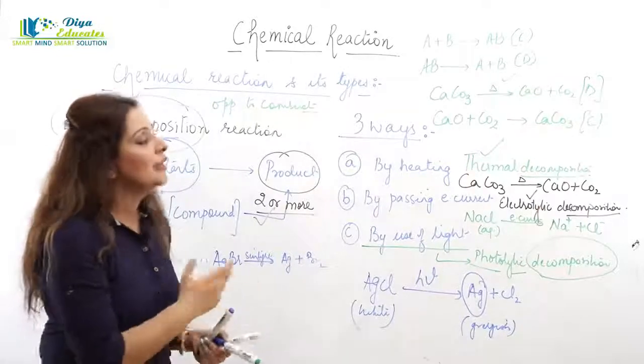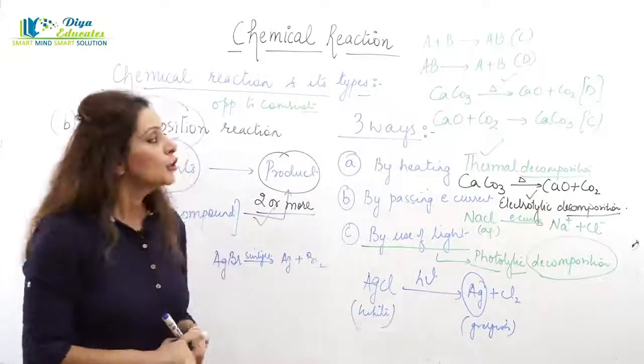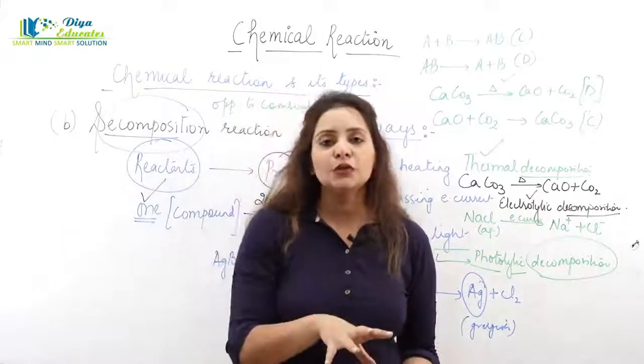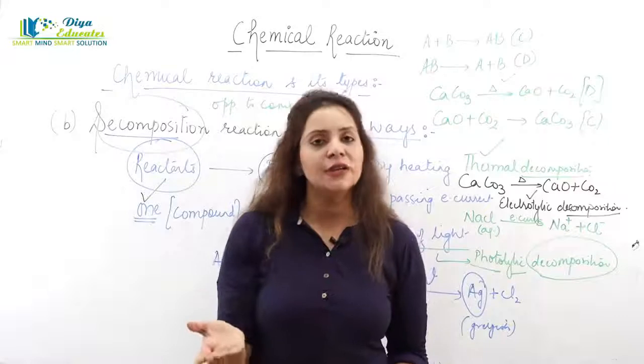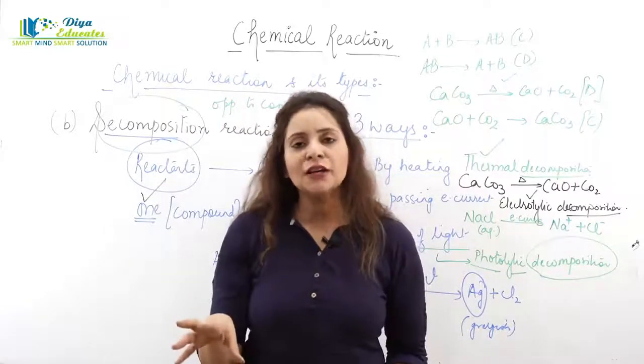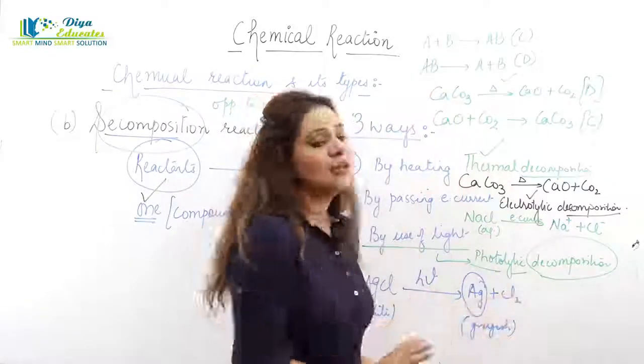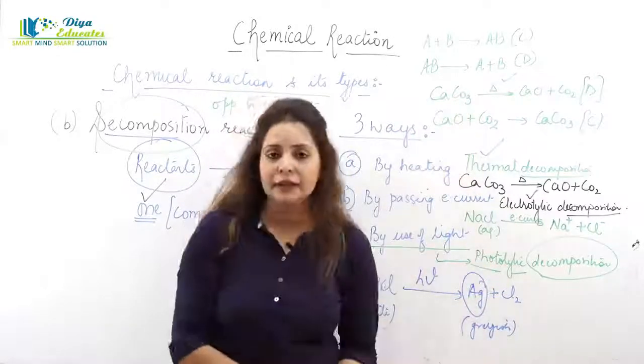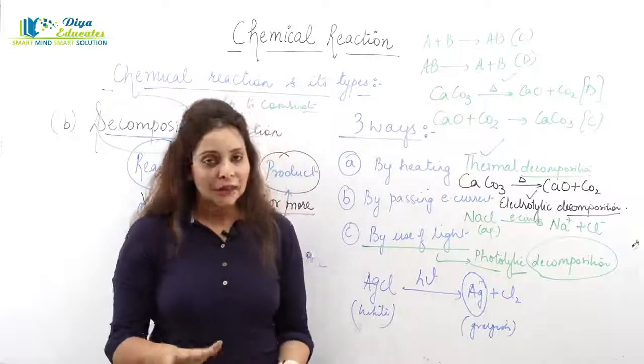So this is a combination reaction. You might get a question in the paper, why decomposition is called opposite to combination reaction. You will define both reactions, write the general equations, and explain the answer by taking an example like limestone. So I think you got it.